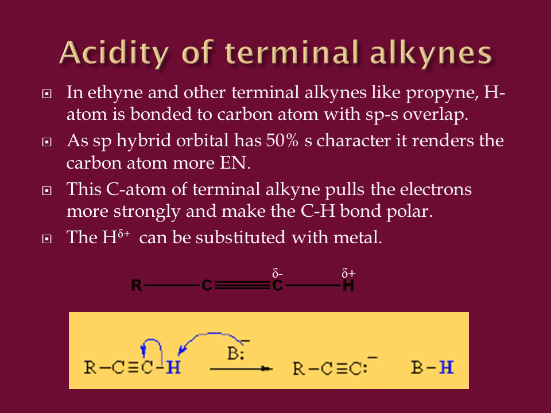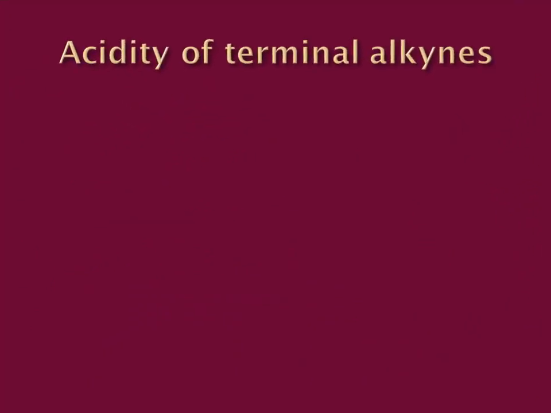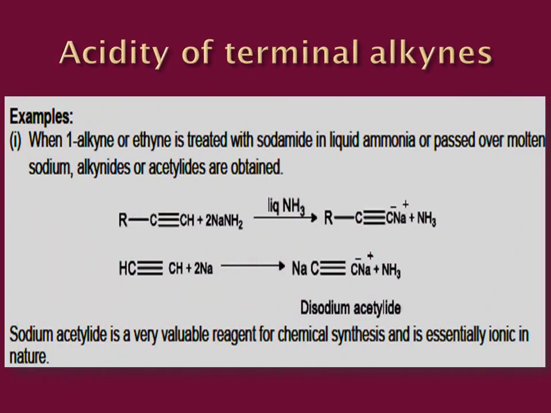Students, let us study some reactions in which alkynes act as acids. When 1-alkyne or ethyne is treated with sodium amide in the presence of liquid ammonia, or it is passed over molten sodium, alkynides or acetylides are obtained. The mechanism we have already studied.